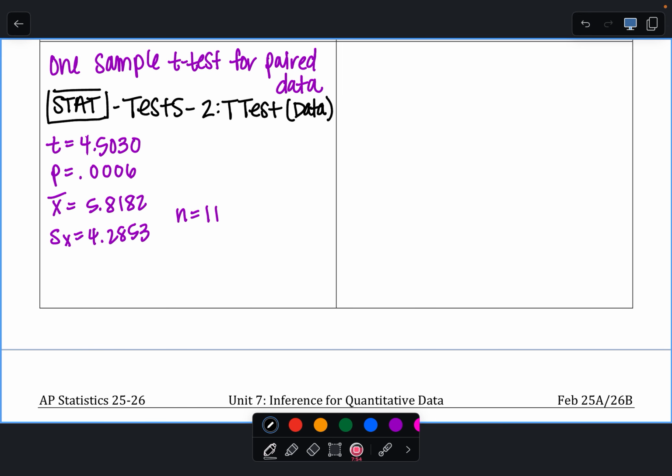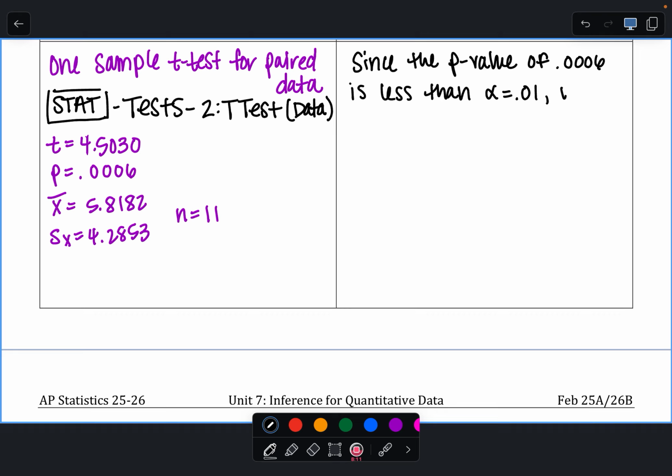Now, to conclude, since the p-value of 0.0006 is less than alpha equals 0.01, we reject the null.